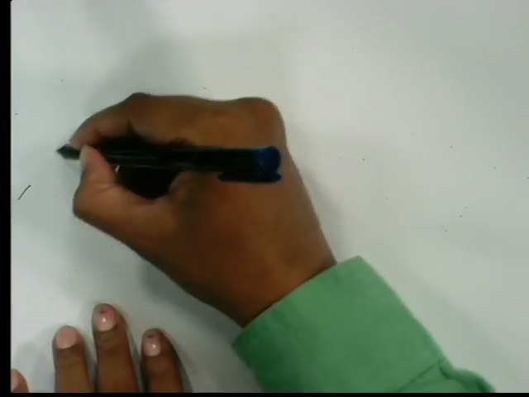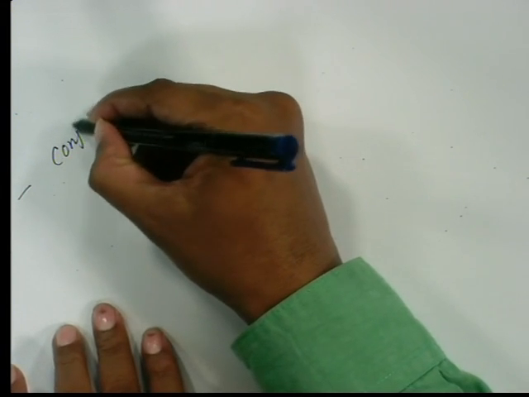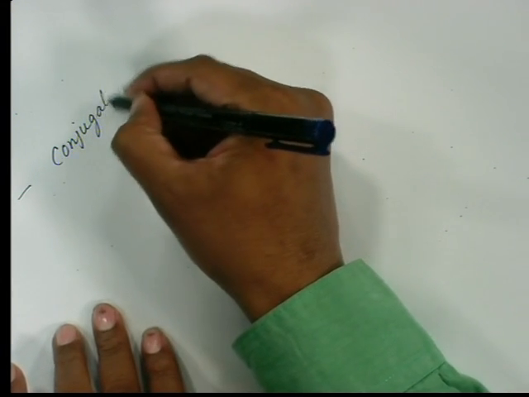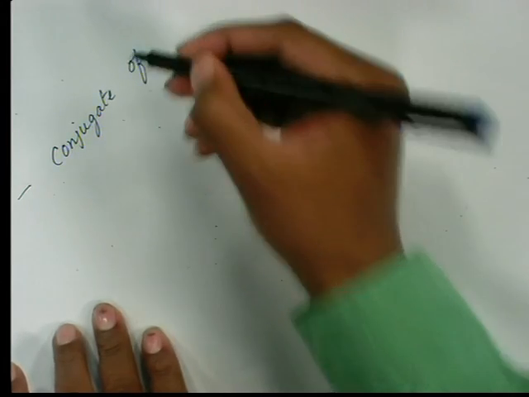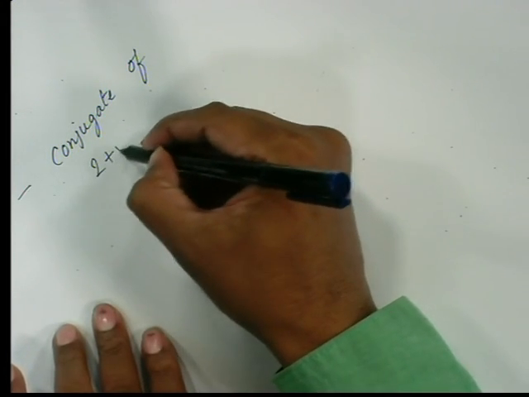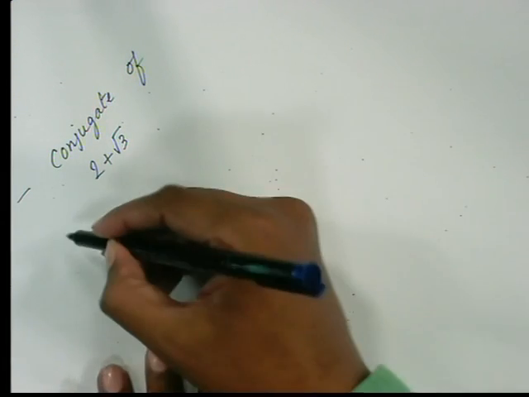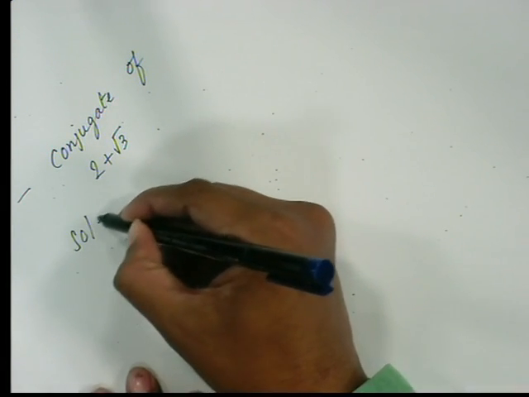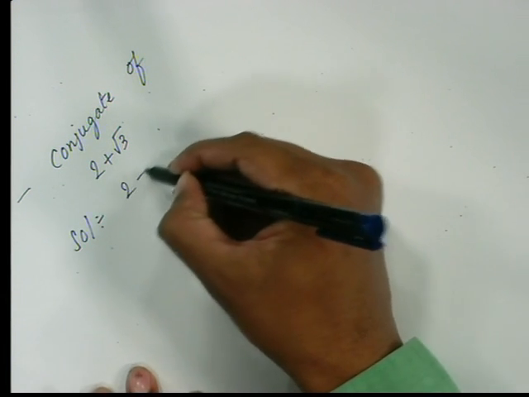So the conjugate of 2 plus root 3. Here the conjugate of 2 plus root 3 is very simple. Change the sign, 2 minus root 3.